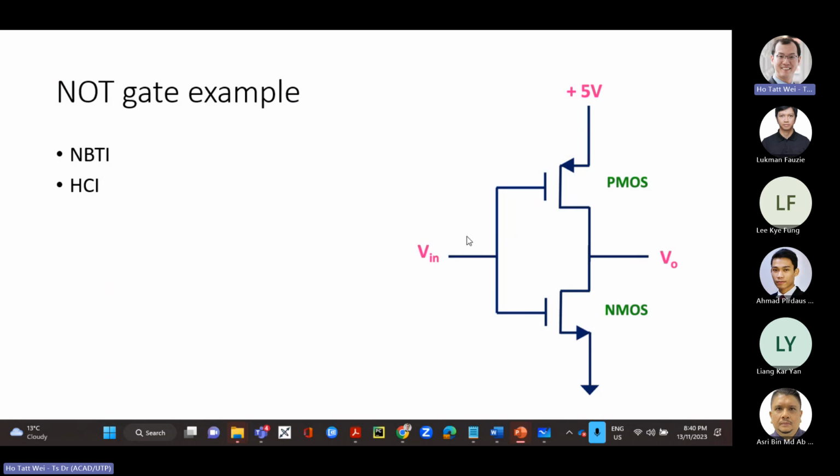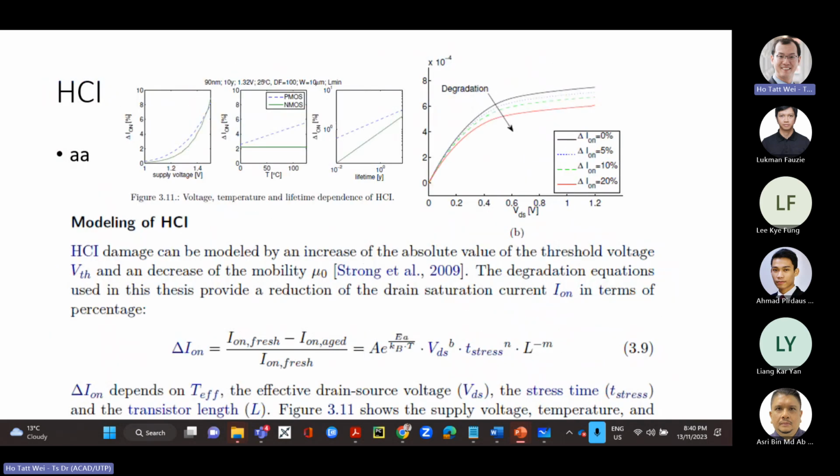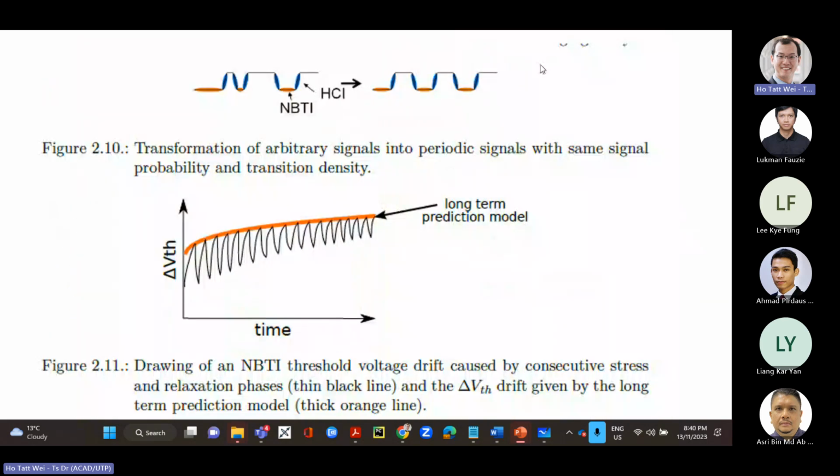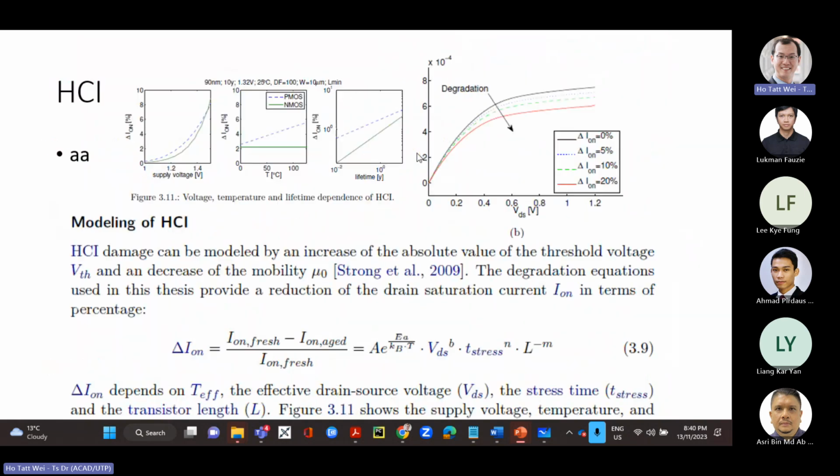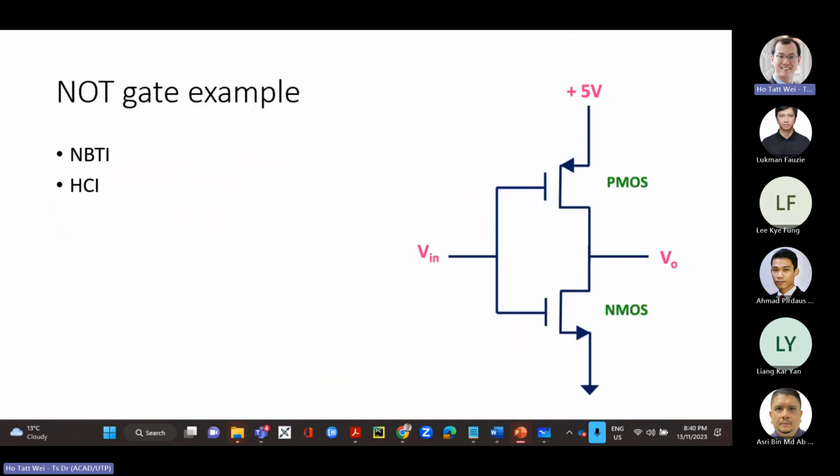If I'm holding this at logic 0 for 80% of 5 years, there's not going to be a lot of transitions, right? Because 80% of the time it's had a logic 0. That means HCI is not a major aging mechanism for the PMOS, nor for the NMOS, right? Why? Because we saw that it is the number of transitions that causes the aging for HCI.